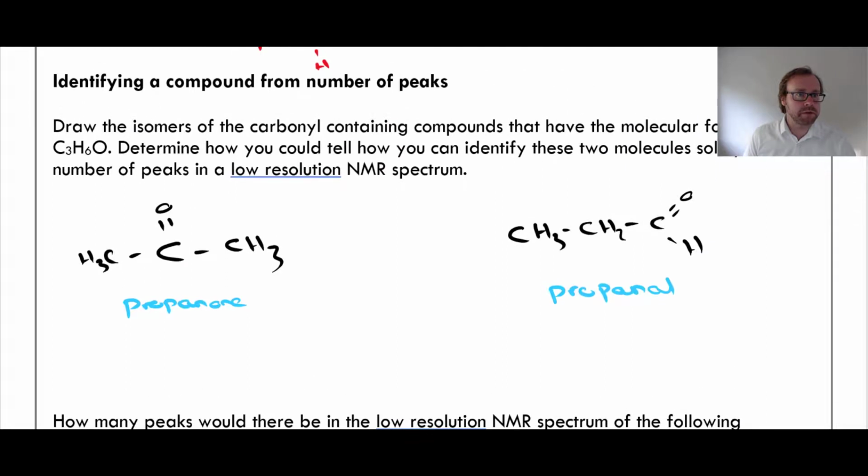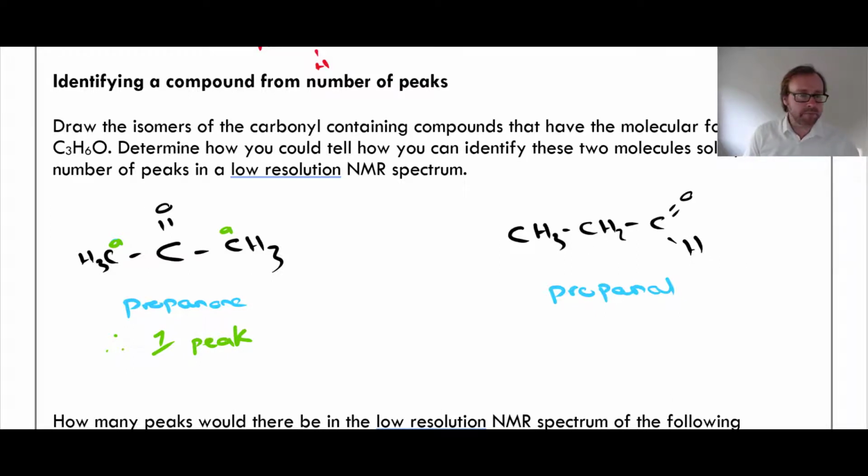Okay, I'm sure you've figured this out. So in my propanone, these hydrogens are equivalent to my methyls on the other side. So these are equivalent, so A and A. Therefore, I'm only going to see one peak because they are both equivalent.